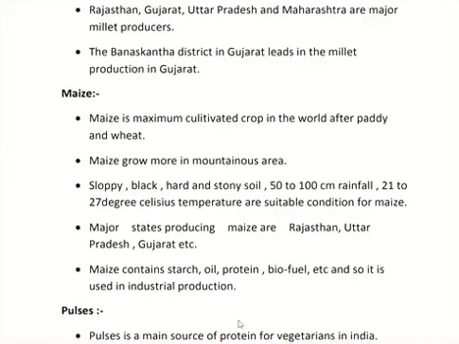To cultivate maize, we require sloping, black, hard and stony soil, 50 to 100 centimeters of rainfall, and 20 to 27 degrees Celsius temperature. Major states producing maize are Rajasthan, UP, Gujarat, etc. Maize contains starch, oil, protein, biofuel, etc. So it is used in industrial production too.